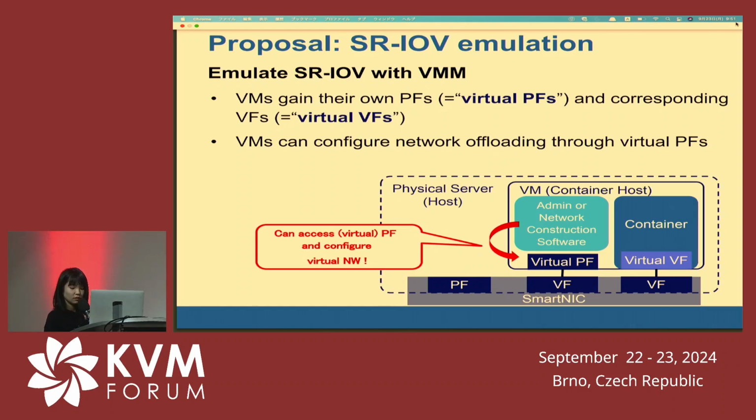In this context, we refer to the PF inside the VM as the virtual PF, and the VFs created through the virtual PF as the virtual VFs. This interface will enable the VM to control hardware through the virtual PF in the future.